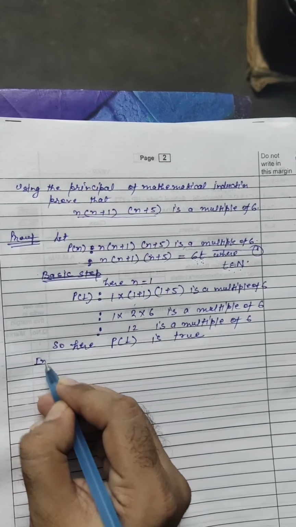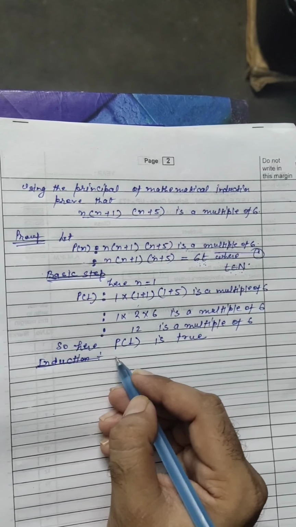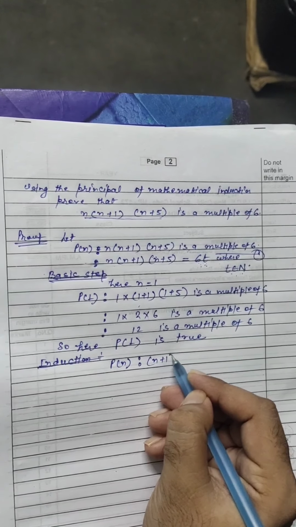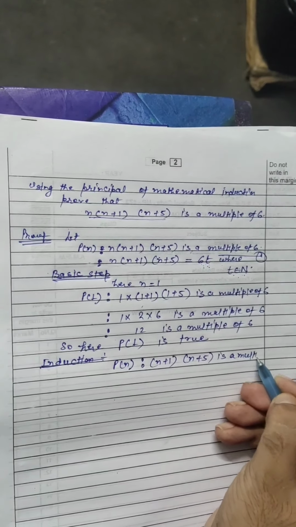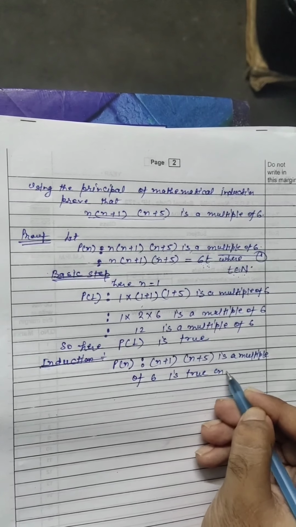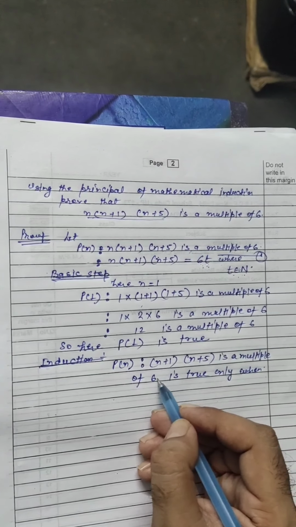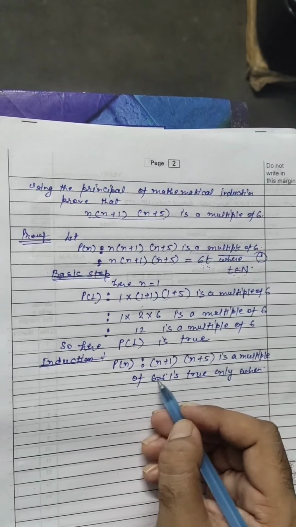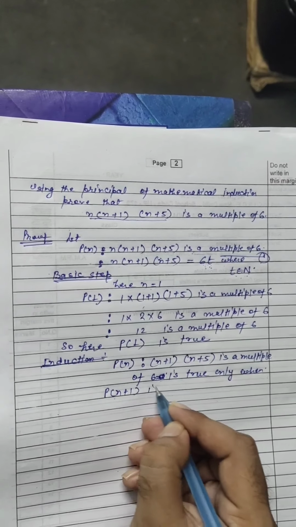Now ready for the next step, the induction step. The induction step tells us that P of n, such that n into n plus 1 into n plus 5 is a multiple of 6, is true only when P of n plus 1 is true.